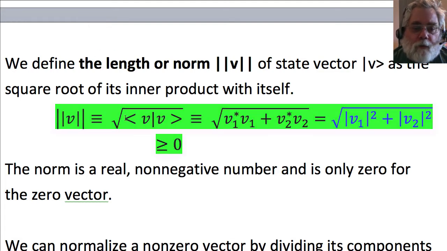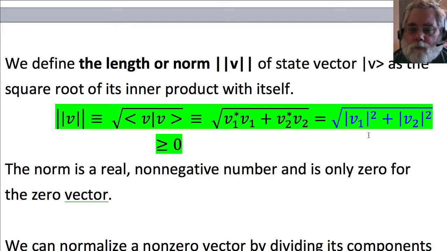So here we have the inner product of v with v, we take the square root of it. We have the definition of the inner product, so v1 conjugate v1 plus v2 conjugate v2. We know that this is the same as the square root of the square of the magnitude of complex number v1 plus the square of the magnitude of complex number v2.